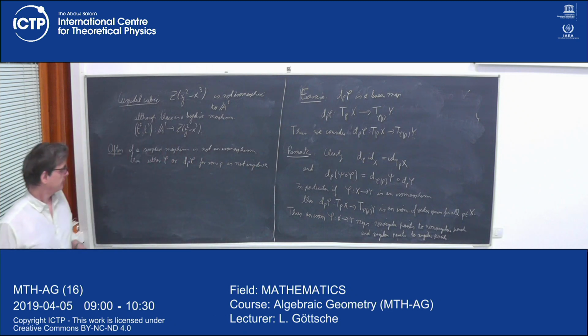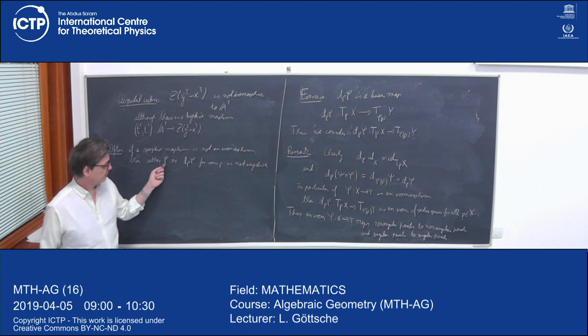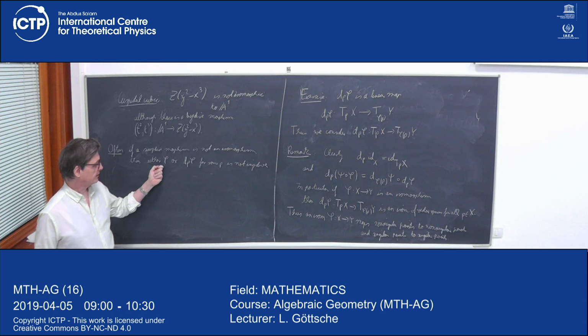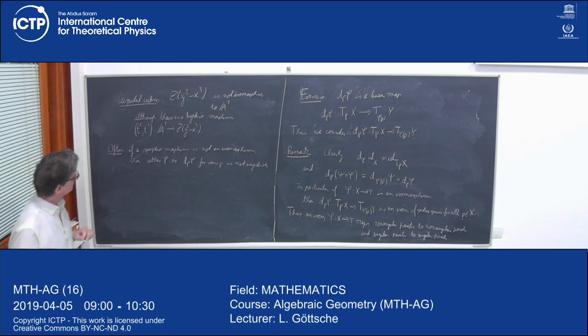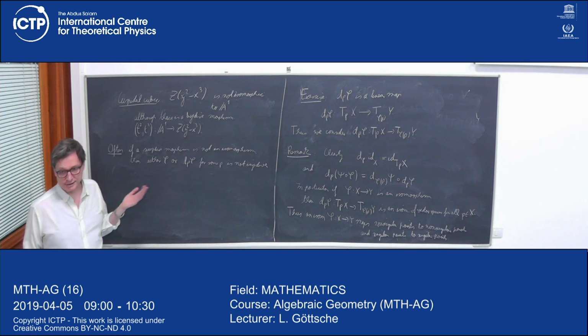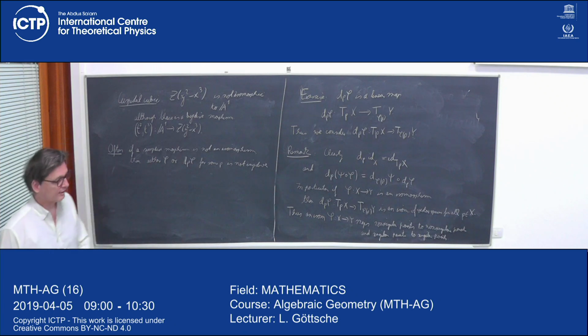I'm not saying that if phi is bijective and the tangent map is injective, it always has to be an isomorphism, but it's certainly the first thing you can check if you want to say that something is not an isomorphism.